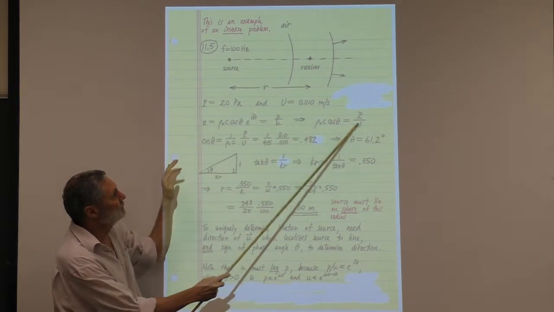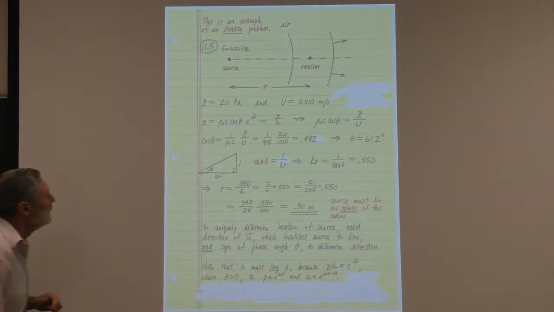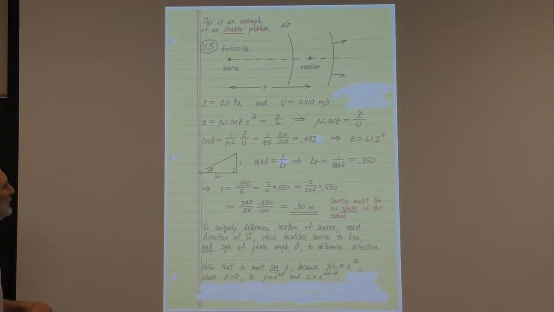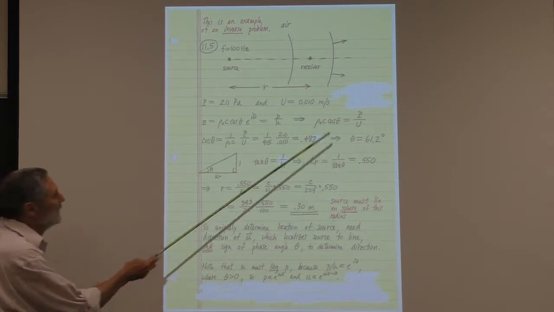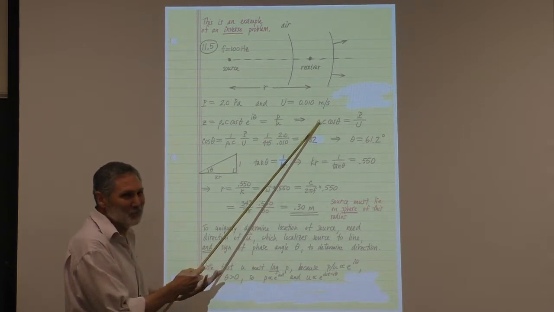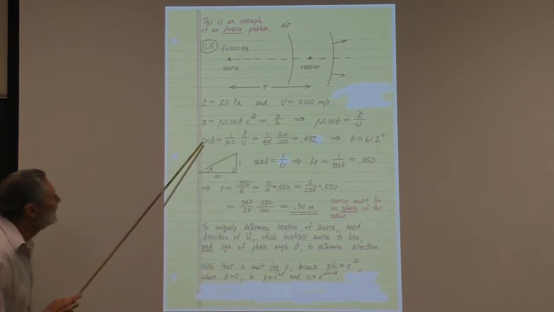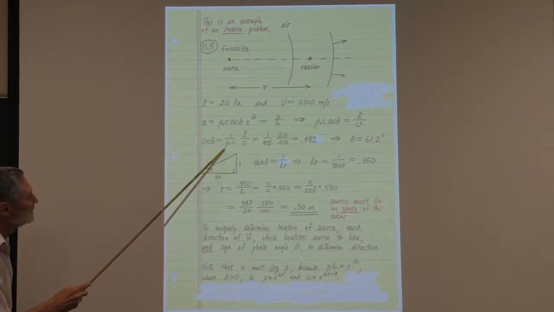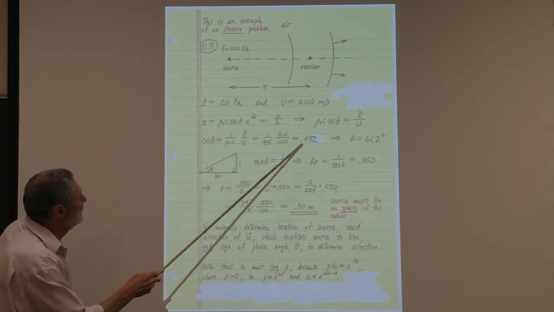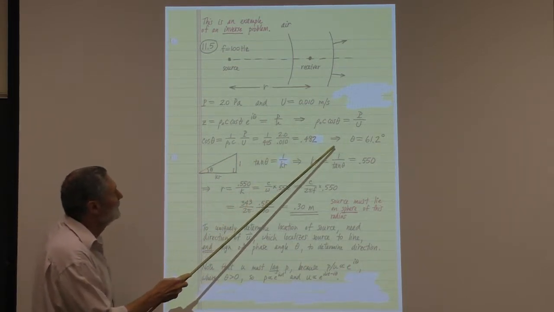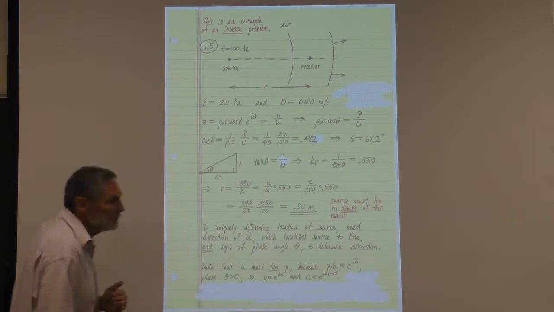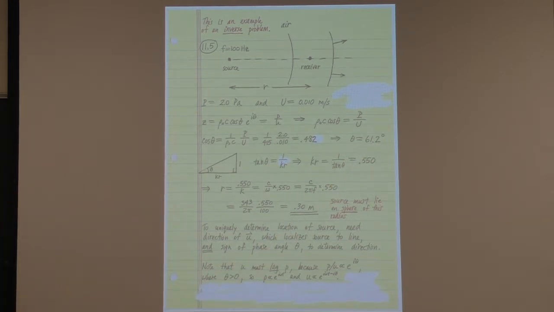We've seen this before. Now, what can we do? Well, we can determine theta, right? We've got one equation and one unknown, so we should just go ahead and do that. So we solve for theta, I get this expression, plug the numbers in, and I get that for the cosine of theta. I take the inverse cosine, and I get roughly 60 degrees, 61.2 degrees.